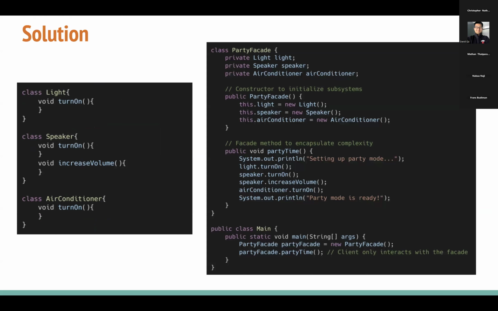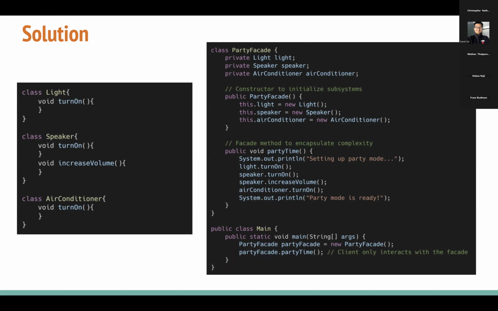Okay. So the main function of a facade design pattern is to hide the complex processes from the client. In this case, the client code is in main. So we don't want the client code to have light.turnOn, then speaker.turnOn, and all those many complex steps.